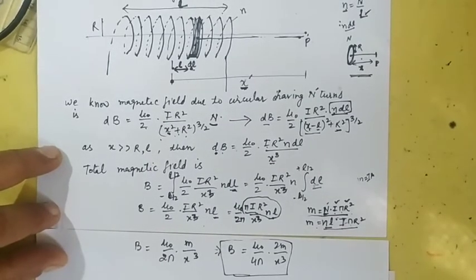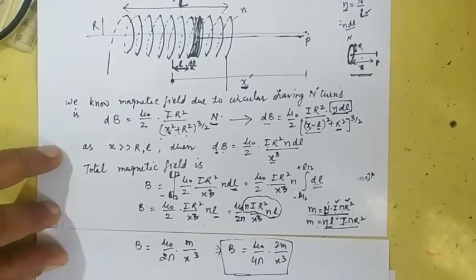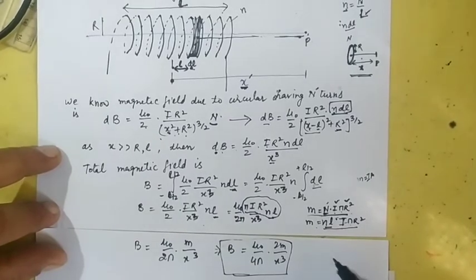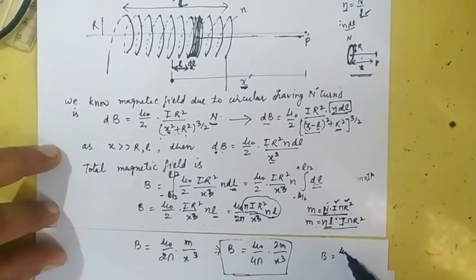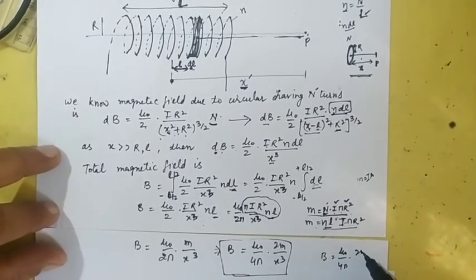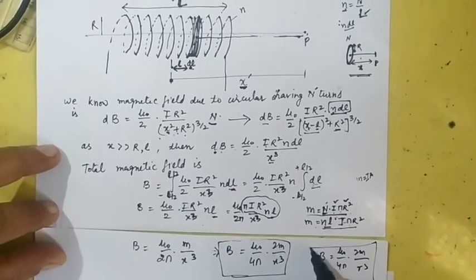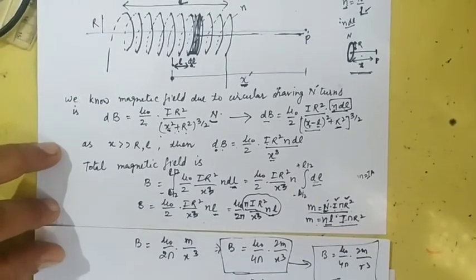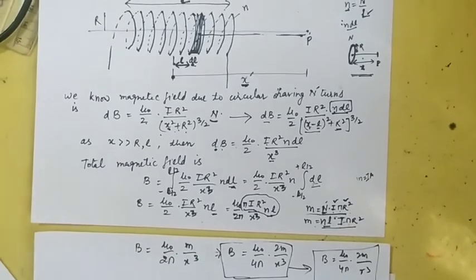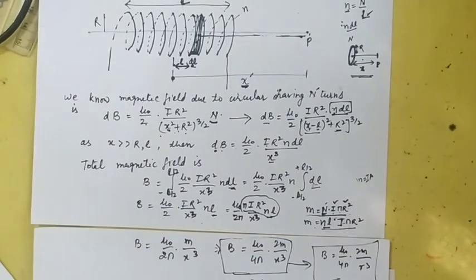This is similar to the magnetic field produced by a bar magnet on the axial line when point P is very far away, that is B is equal to mu naught upon 4 pi, 2m divided by r cube. So that is the same as this. So we can say that the solenoid behaves like a bar magnet, or a bar magnet can be replaced with a solenoid.